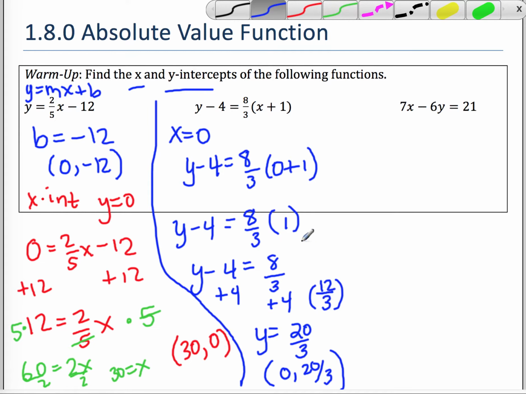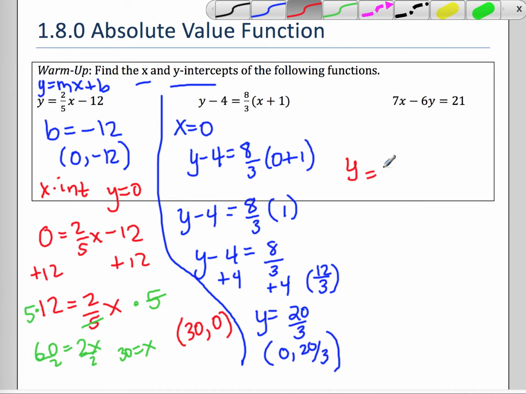And then to find the y-intercept, we set, I just found the y-intercept, didn't I? So now I want to find the x-intercept. So now we set y equal to 0. So 0 minus 4 equals 8/3 x plus 1. Oh, this is tricky. So now I have -4.